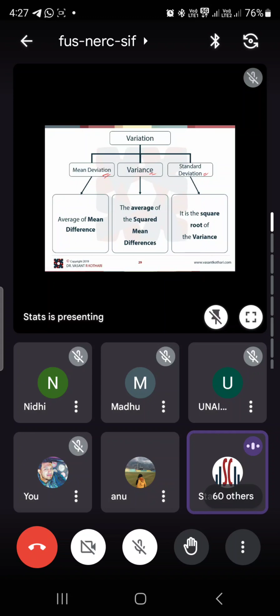So see what we saw. Initially we got the mean differences, then we took the average, and that becomes the mean deviation. That is one way to find the variation. Another: you have the mean differences, and here you took the absolute value. The moment you get a negative, with the help of absolute value you convert that into positive.